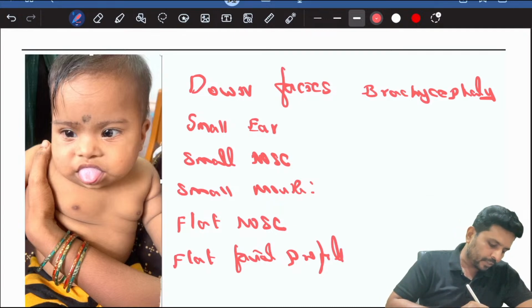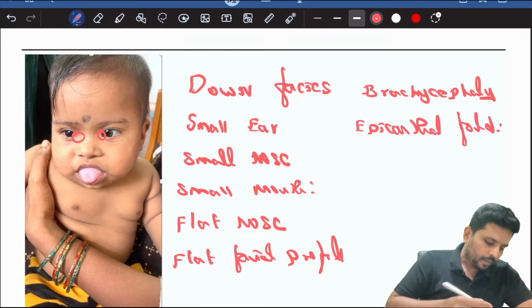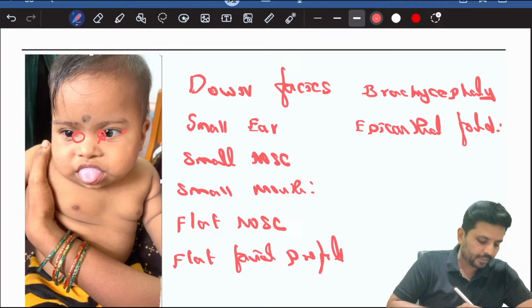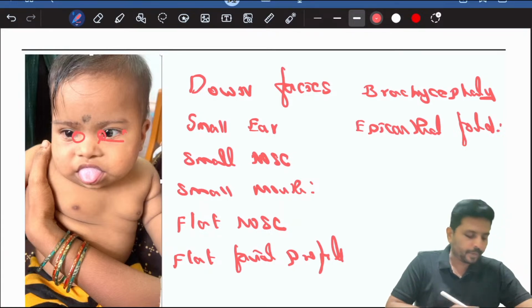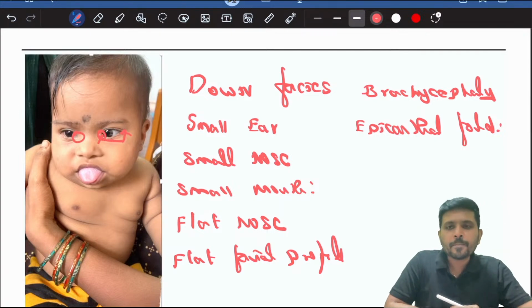And then look at this. What is this? Epicanthal folds. Then look at this. Normally this is the medial canthus and this is the lateral canthus. The medial canthus and lateral canthus should be in a straight line, but look at this, the lateral canthus is lifted up compared to the medial canthus.